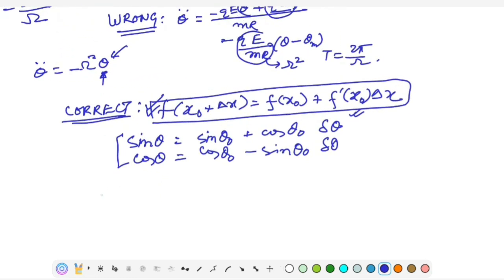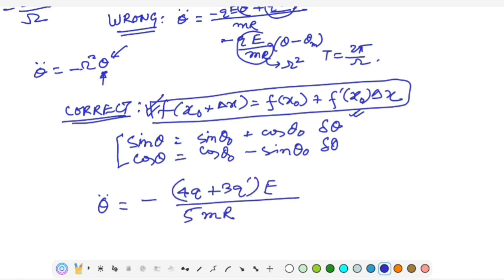I am not solving the intermediate steps, but you can easily check that we will get this expression, minus something by 5 mr. The cos theta sin theta terms will cancel out accordingly, and we will only get this expression. Now this is for the infinitesimal small displacement from the mean position, delta theta.